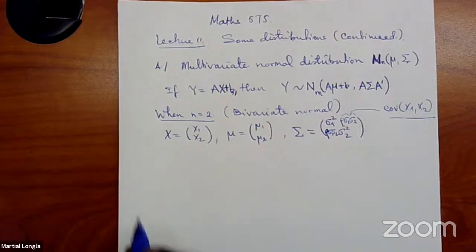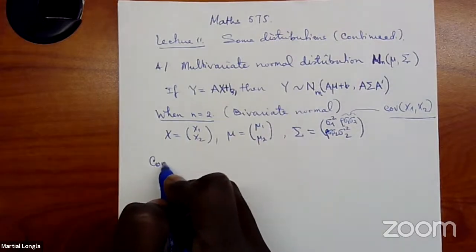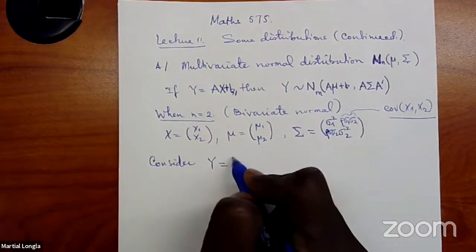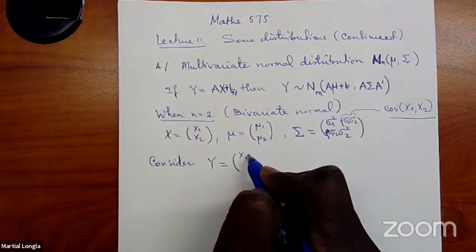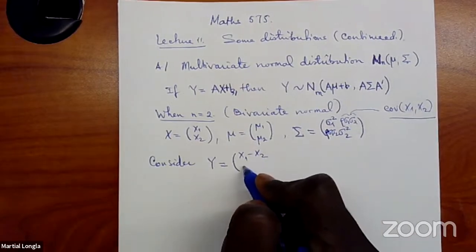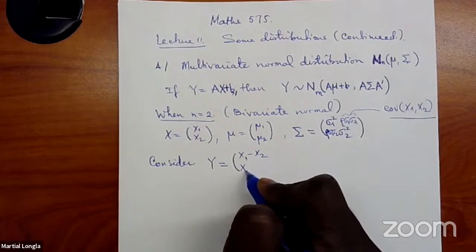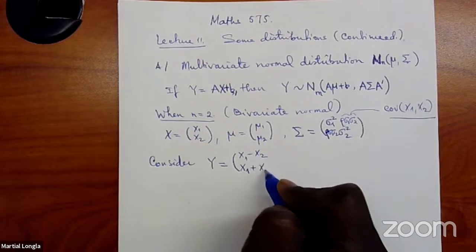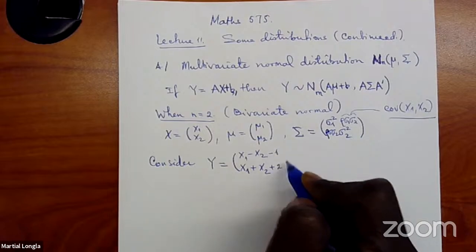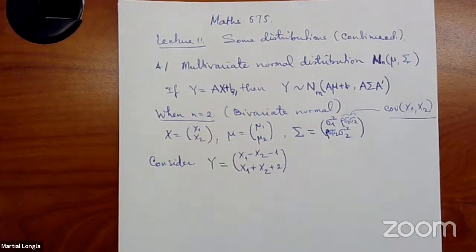That's why I can just replace here covariance by rho sigma 1, sigma 2. This is by definition covariance of x1, x2. Now we consider y equals x1 minus x2, x1 plus x2, minus 1 and plus 2. So we have this vector y.